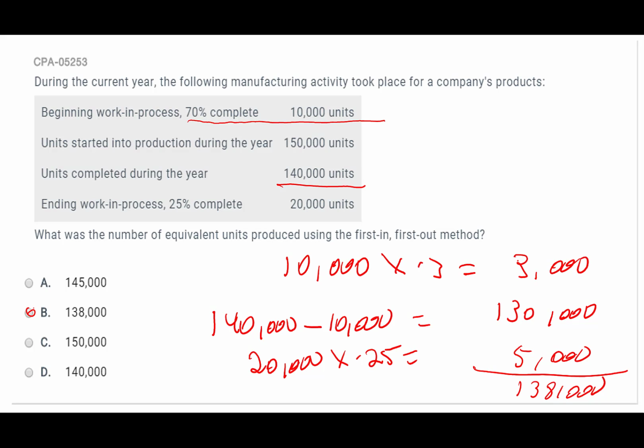I must have completed the ones that were already in beginning inventory first, right? So I have to subtract those beginning inventory units out because I've already accounted for those with that 3,000 number. So I back those out. That gives me the units started and completed is 130. And then I give myself credit for any work I've done on the ending inventory, which is the same thing we did for weighted average.